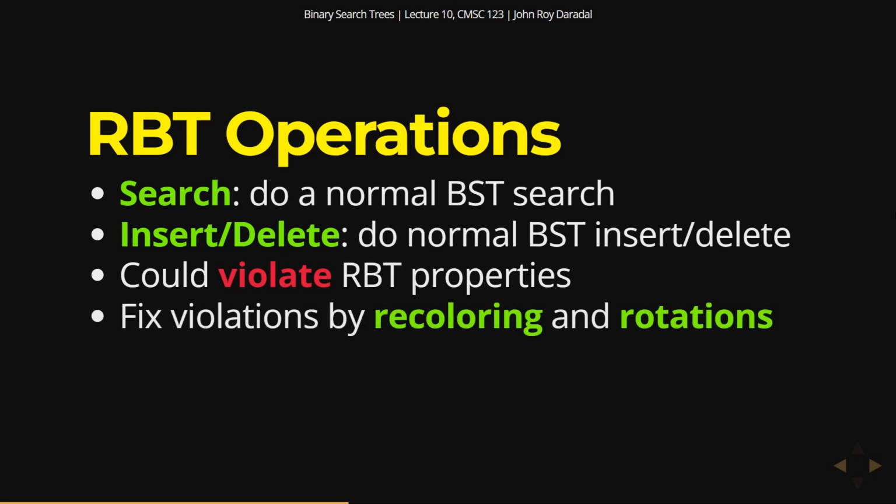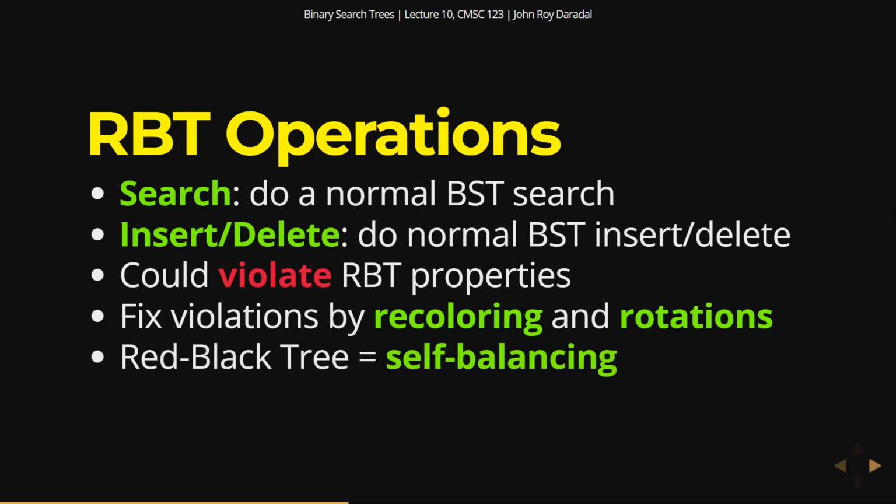So what we'll do is we will fix those violations by doing recoloring and rotations. So rotations is still a part of the equation here. Again, let me reiterate that rotations are a very important concept for binary search trees, because without them, you won't be able to understand the rest of the balanced search trees.